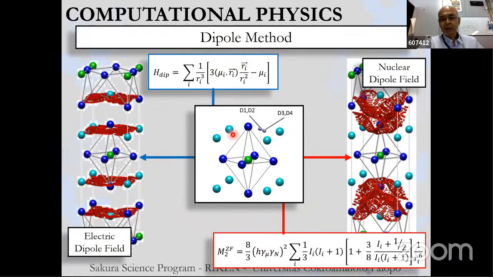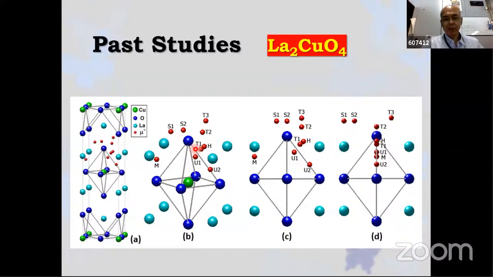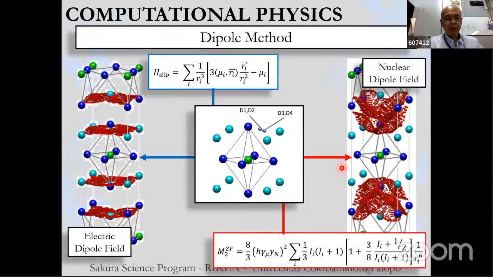But unfortunately, this result also cannot reproduce the experimental result for any of the suggested positions. This was done by Budikun, who is now at UNPAD. At that time the computing resources were good compared to 20 or 30 years ago, so we could do bigger calculations.